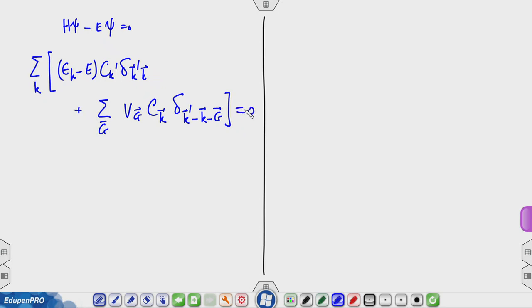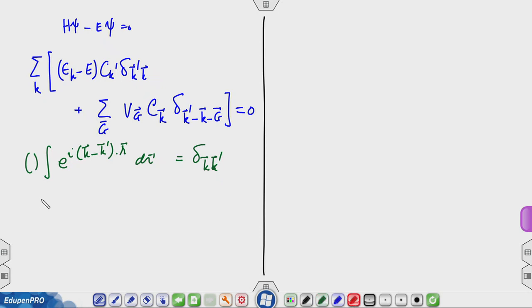Just keep checking for the consistency from the previous page to this, where I have used integration of e raised to I k minus k prime dot r dr with proper normalization equals delta k prime k.